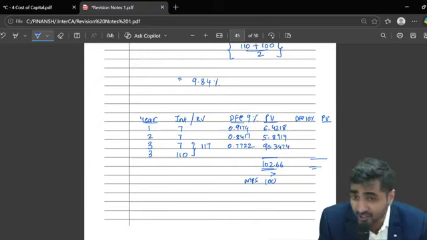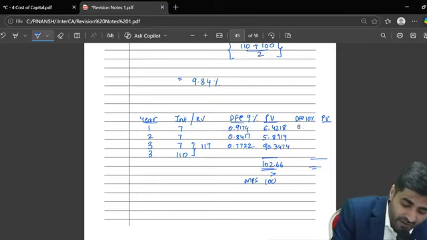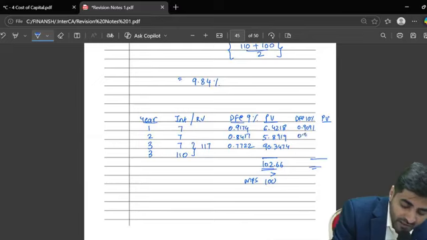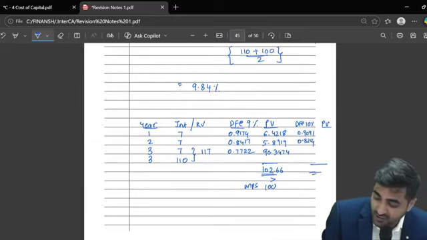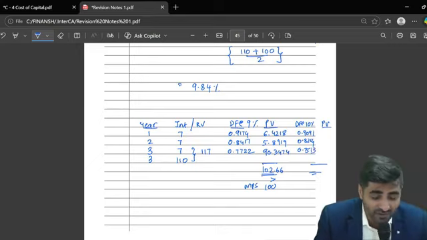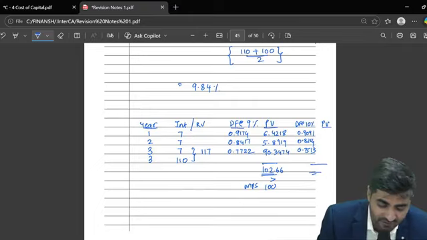So now I'll be calculating at 10%. So everyone with me, 1 divided by 1.1 will give me 0.9091. This will give me 0.8264. And this will give me 0.7513. Okay. So now in this particular case, what is going to be my present value? 0.9091 into 7.